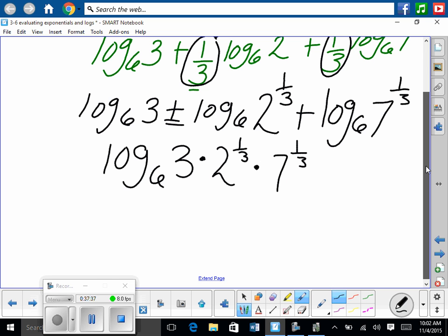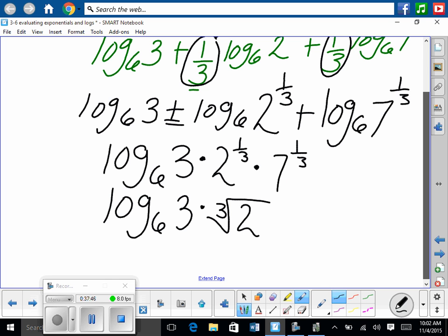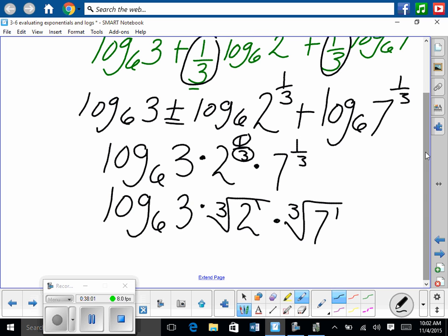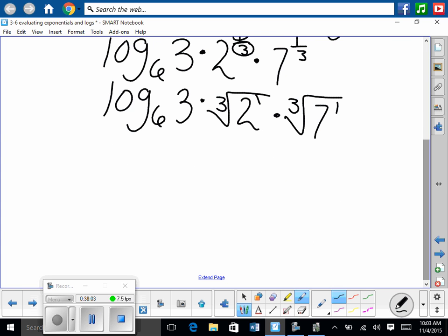Okay, so now we'll rewrite these as radicals. So we have log to the base 6 of 3 times the cube root of 2 times the cube root of 7 to the 1st power. Is everybody following? Okay, now what do we know about radicals? If they're the same radical, can't we multiply what's under the same radical?